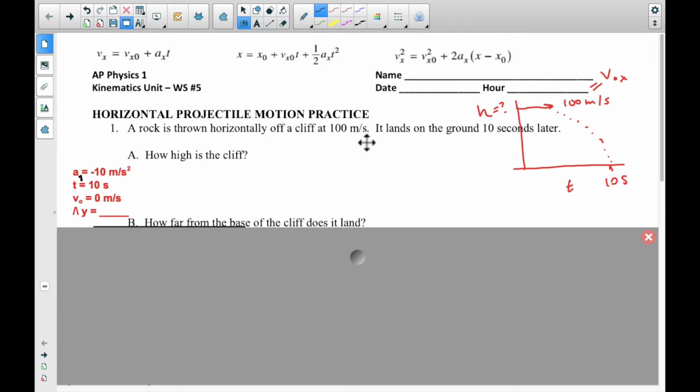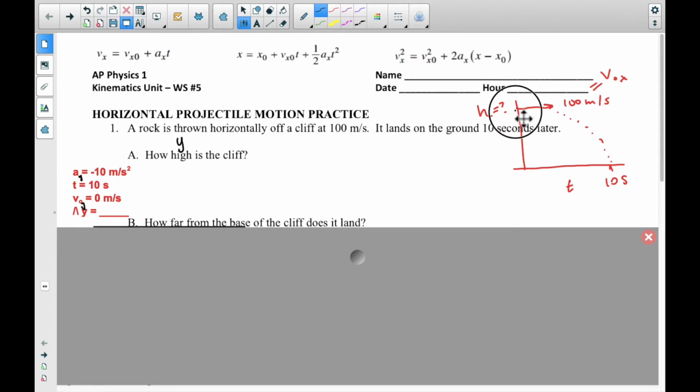The time is given to us as 10 seconds. Velocity original, actually, let's go back. All of these things are y's because the height is a y direction, right? So why did I say that the initial velocity is 0, when over here I said it was 100? Because the y direction is 0.